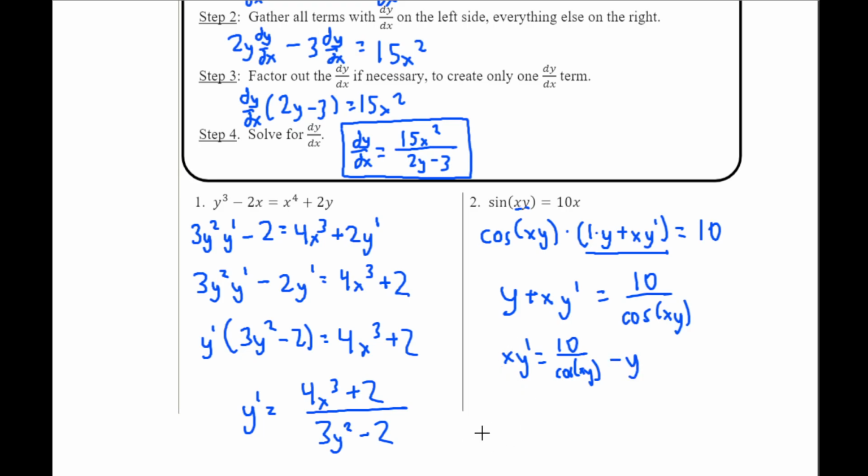And then we just divide this whole thing by x. So y prime is equal to 10 divided by cosine of xy minus y, all over x. That's your final answer there.